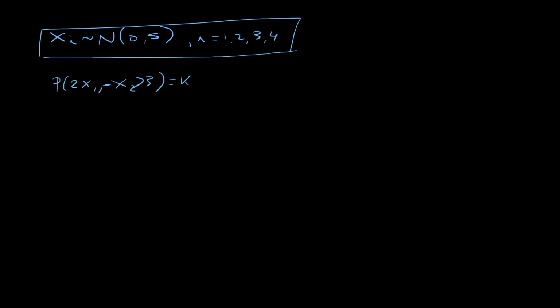One of the ones that is important to know in order to solve this problem is that if Xa plus or minus Xb follows a normal distribution, this means that the mean of a plus or minus the mean of b also follows a normal distribution.